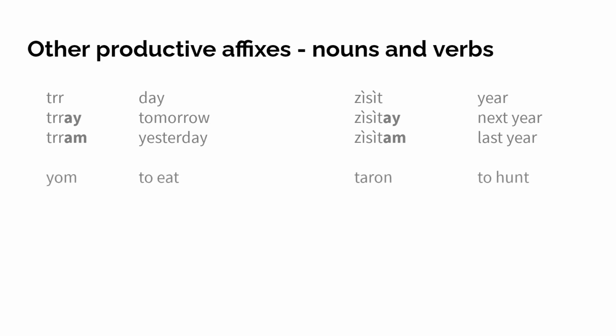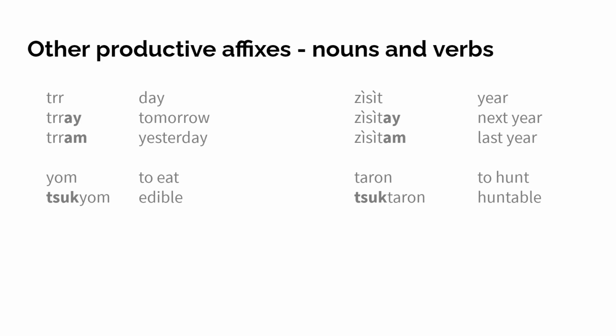And let's look finally at some verb affixes. We have two example verbs, yom, which means to eat, and taron, which means to hunt. First I want to show you is zuk. Zuk means that something is verbable. So zuk yom then means edible. Zuk taron means huntable.